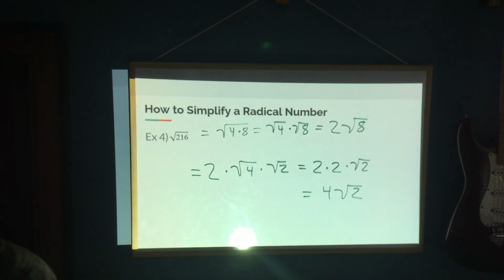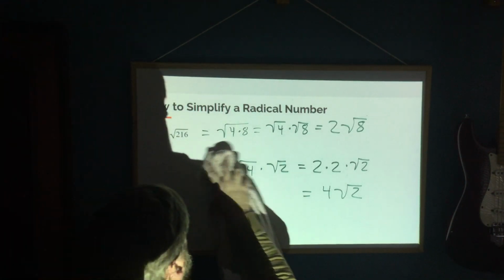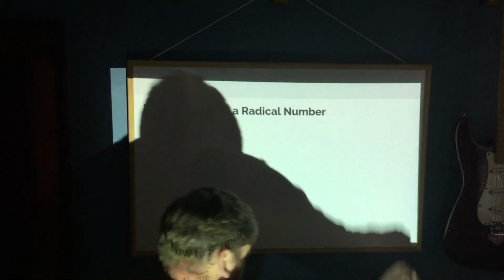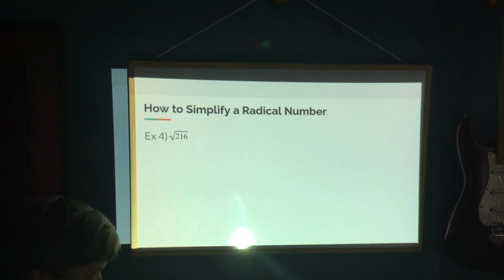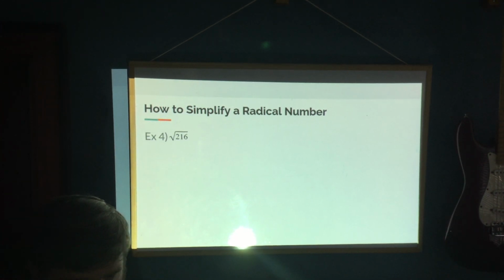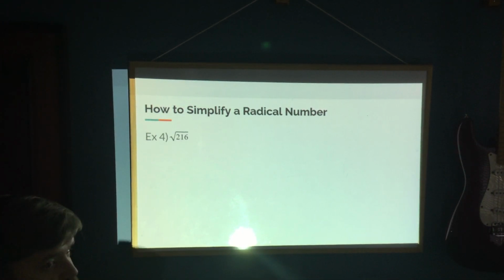All right, this one's kind of bigger. We have the square root of 216 here. So, if you get one like this, you just have to grab a calculator and start trying different perfect squares.